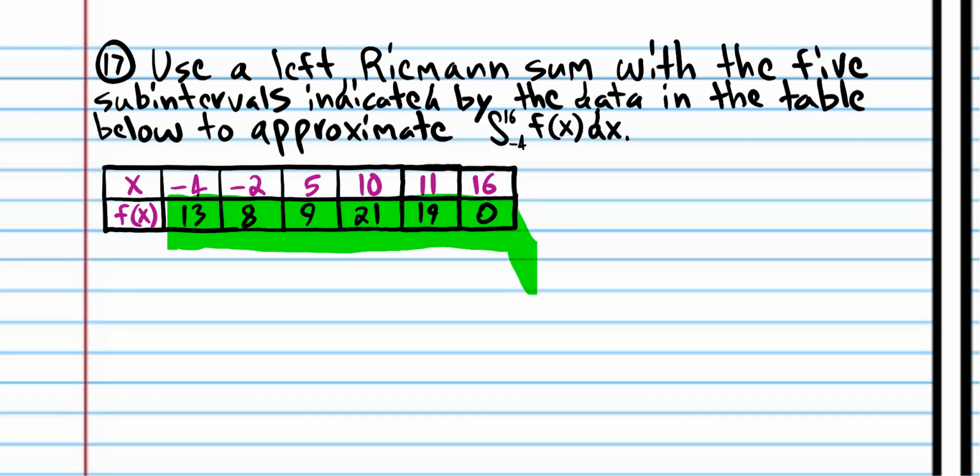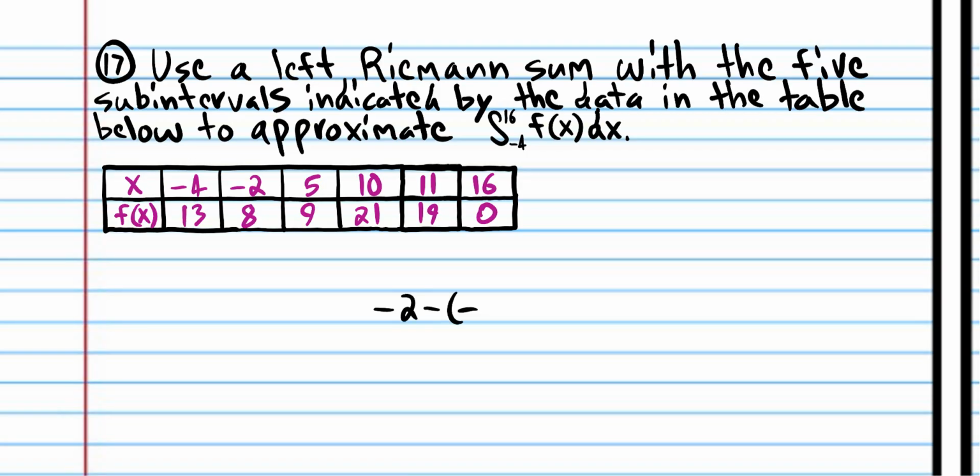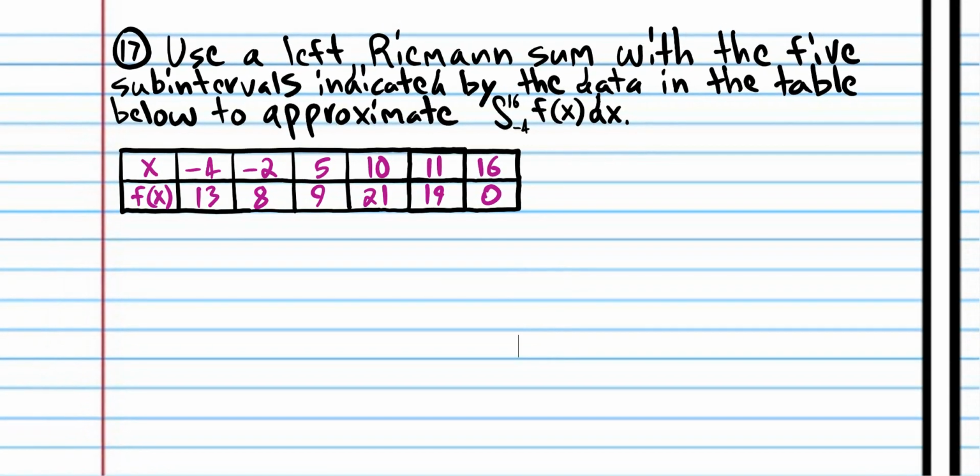The heights are above the x-axis, so we should get positive areas. So, for the width of the first rectangle, you want to do -2 minus -4, which is +2. That's what you want. And then you want that for all the rectangles. So try number 17. When you come back, we'll do it together.